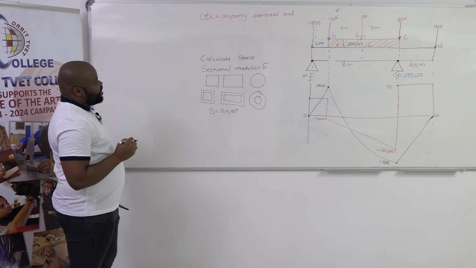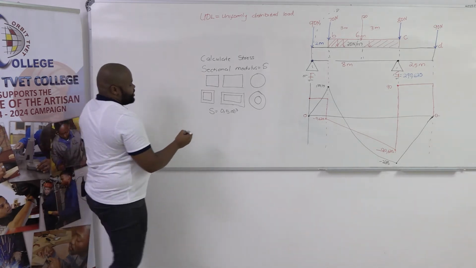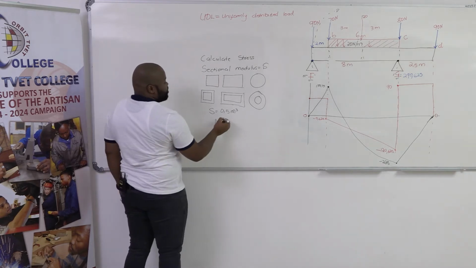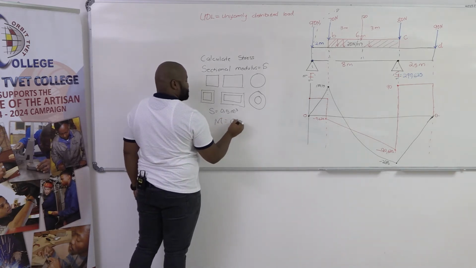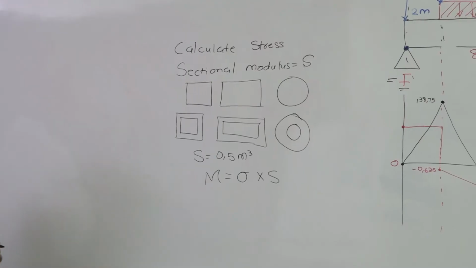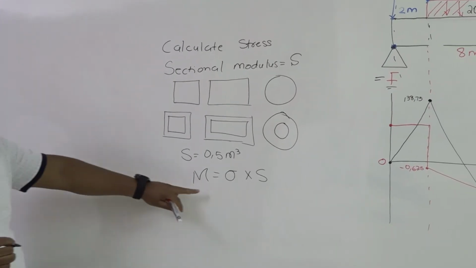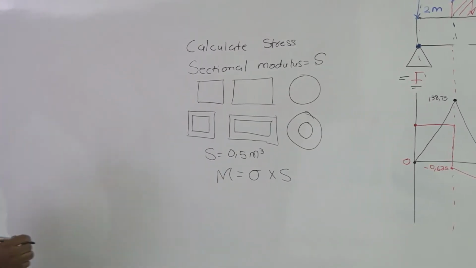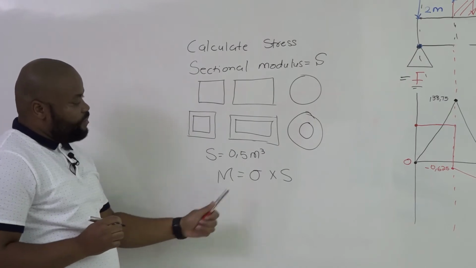The formula that we have to calculate stress is that formula where we would normally calculate the maximum bending moment to be equal to stress times the sectional modulus. So in this case, we're going to need the maximum bending moment. Where are we going to find the maximum bending moment?